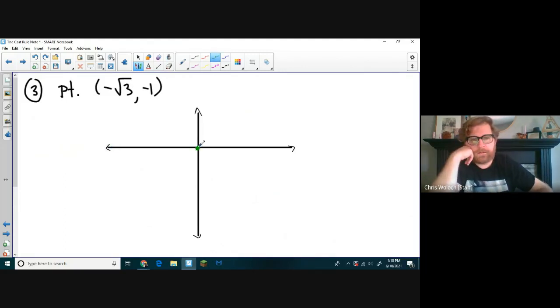So again, this point is -√3 and -1. That's my terminal arm. So now check out, theta is this whole thing.